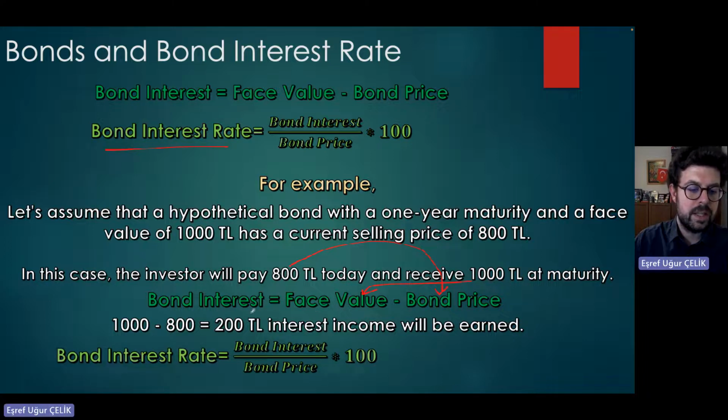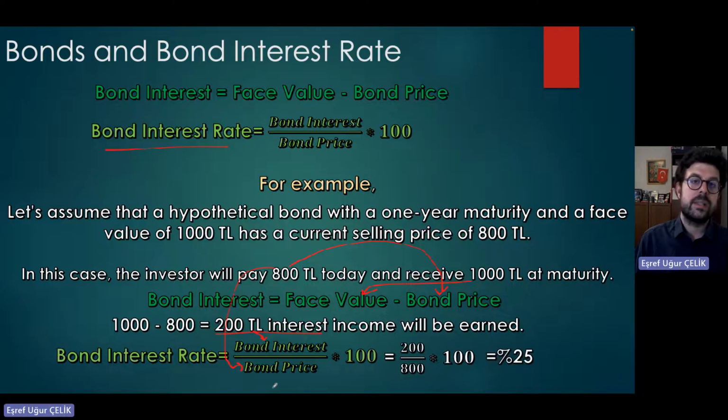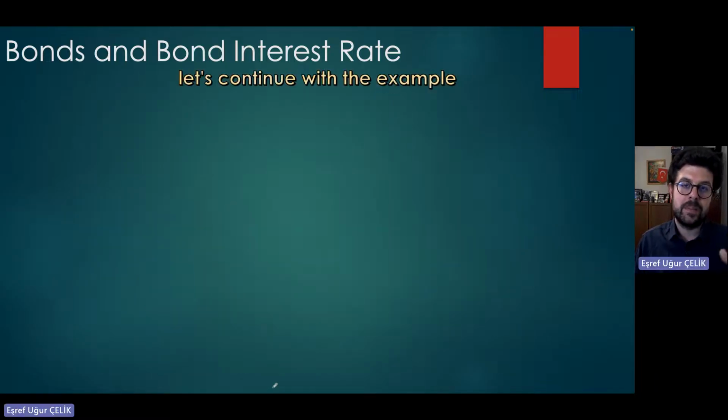That is the bond interest divided by bond price. So the interest is 200 and the bond price is 800, multiplied by 100. So the bond interest rate is 25%. And I said already, the bond price is not fixed. It can change with the conditions of the market, by the changes of money demand and money supply.